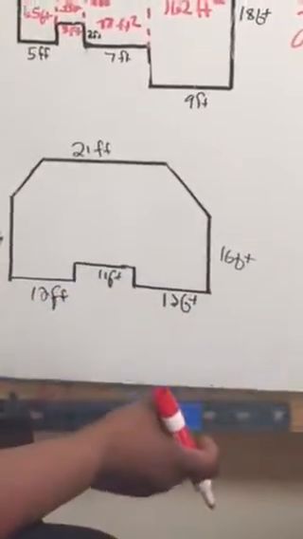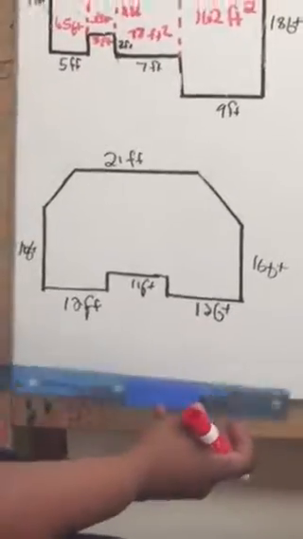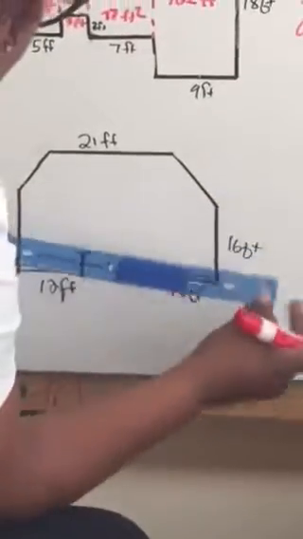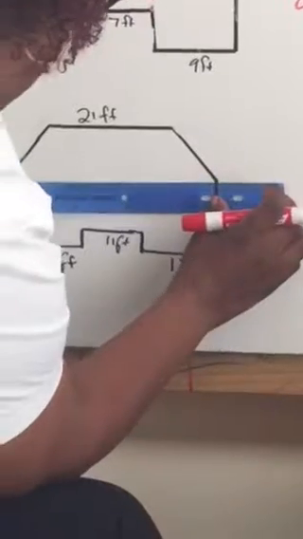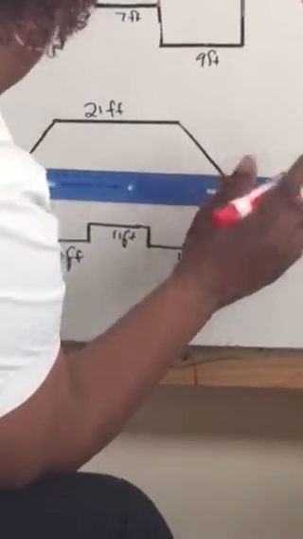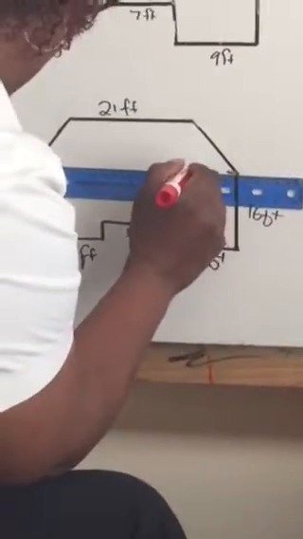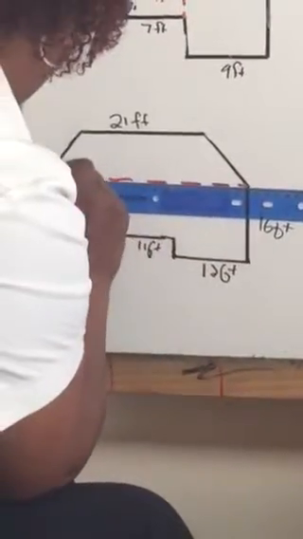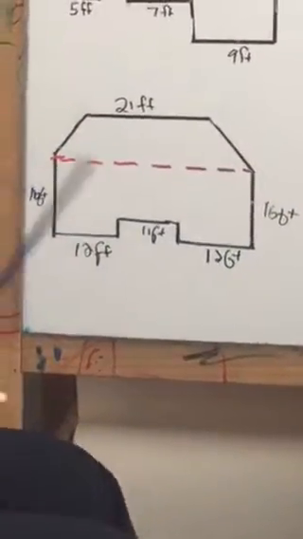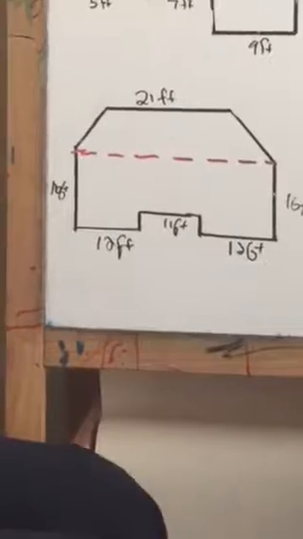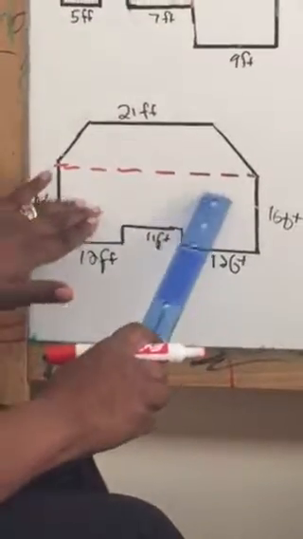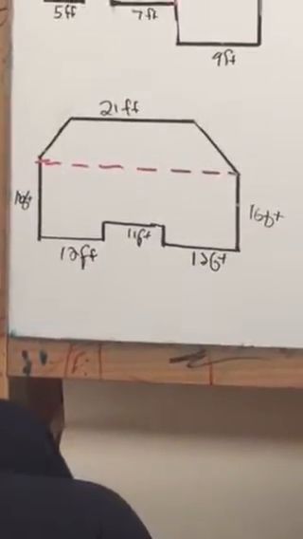So with this, I think I'm going to separate it in half. Let's go ahead and divide it in half, this top part and the bottom part. I'll start with the bottom part because it seems a little simpler.